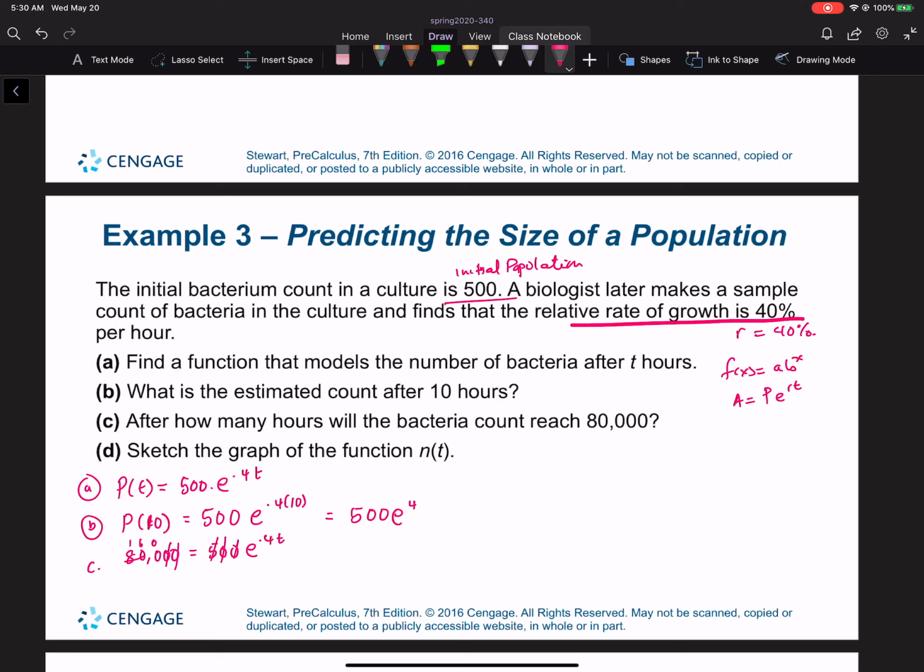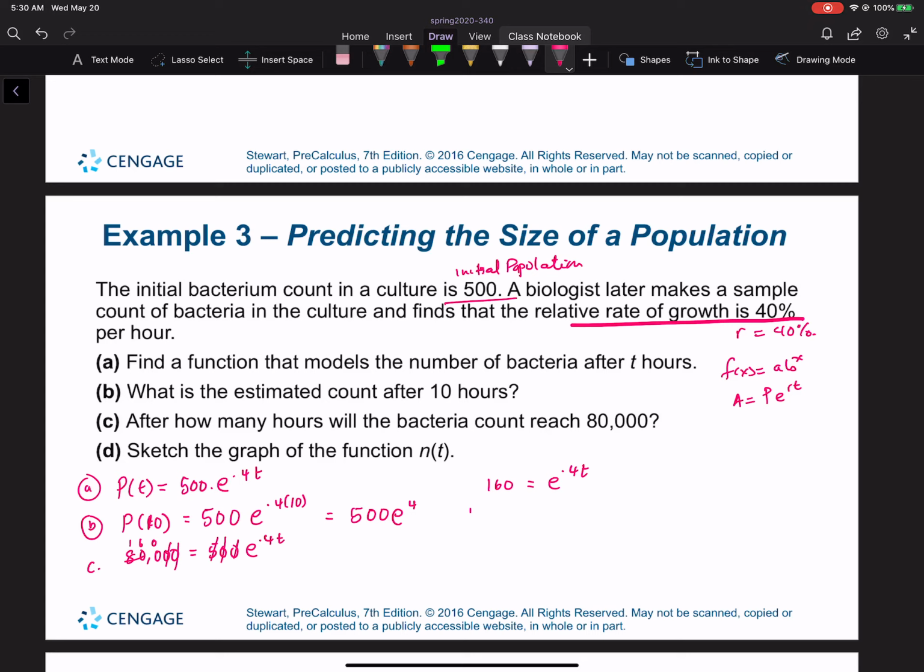So I end up with 160 is equal to e to the 0.4 t. Again, I have the option to apply some of my properties and laws of logarithms because the variable that I'm trying to solve is a power.